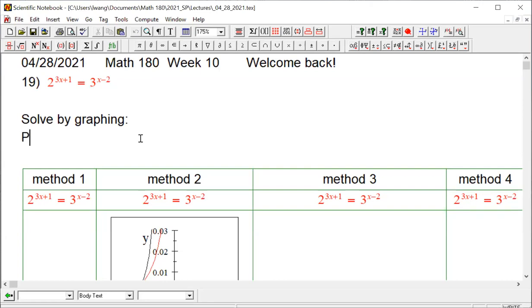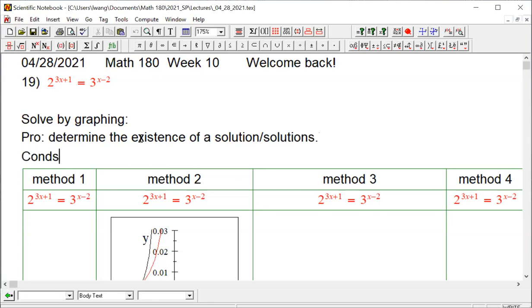The pro of graphing is that we can determine the existence of a solution or solutions. What are the cons? The pros and cons. The pro is we can tell from the picture that there is a crossing, so we definitely have a solution.